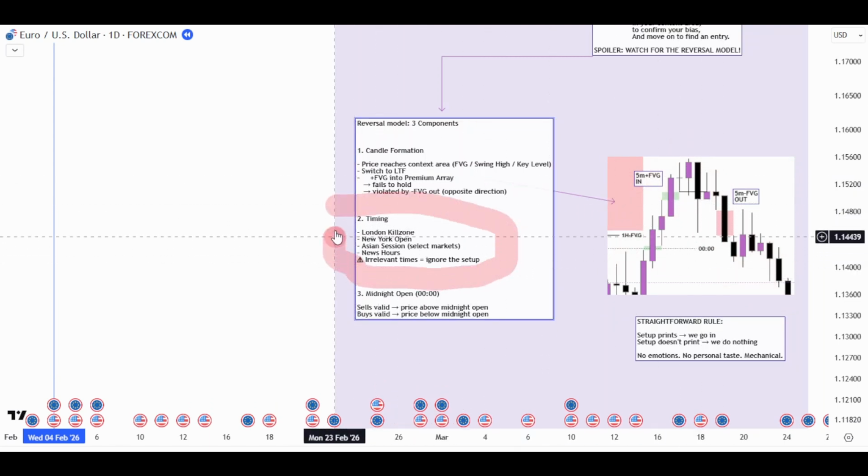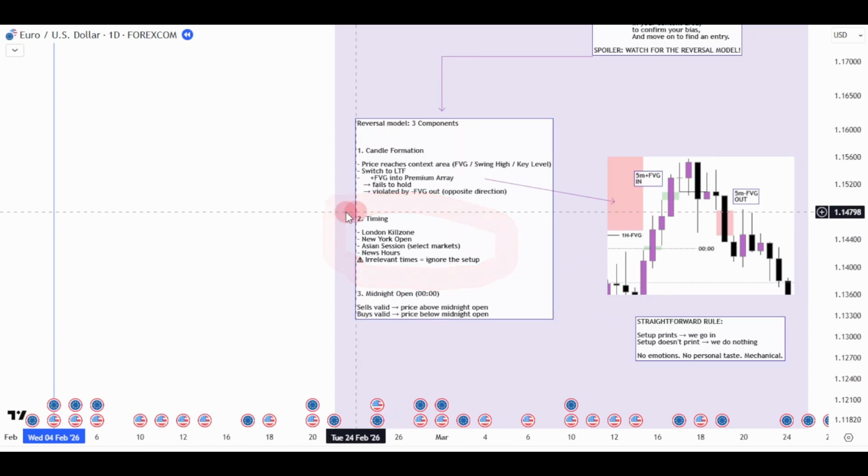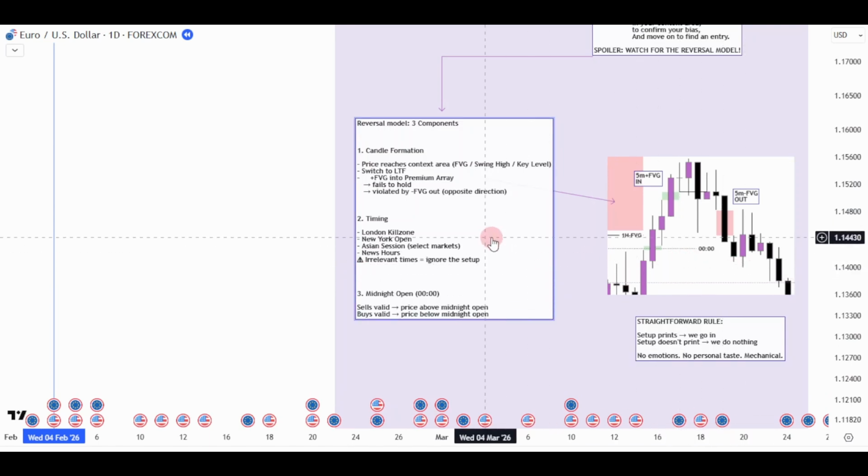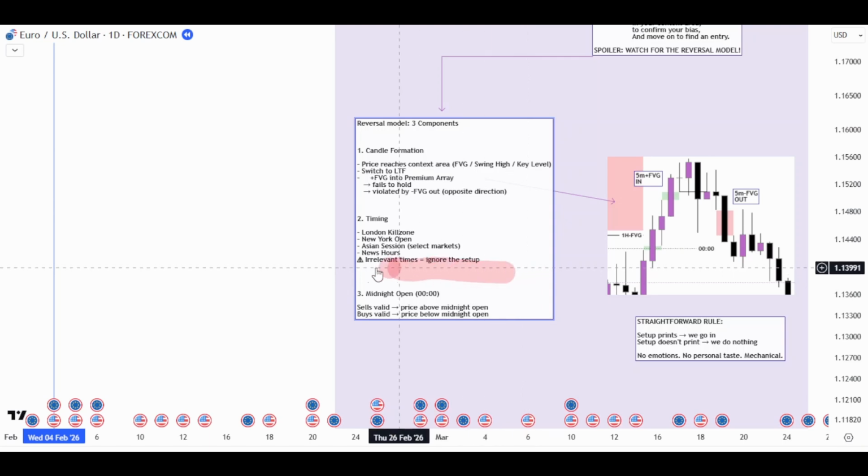Just by that candle formation, once we see it, we're good to look at the second component, timing. For timing, this arrangement should be anticipated during specific high probability times of the day. London kill zone, New York open, Asian session for some markets, and news hours. So don't go looking for it at irrelevant times.